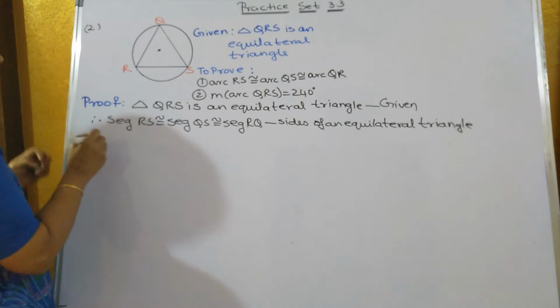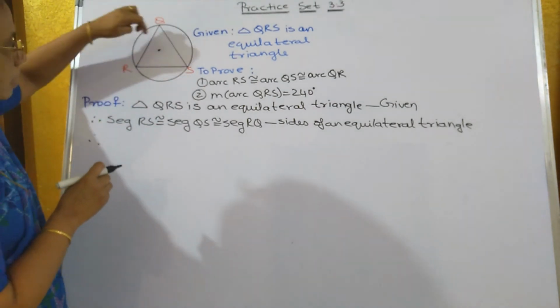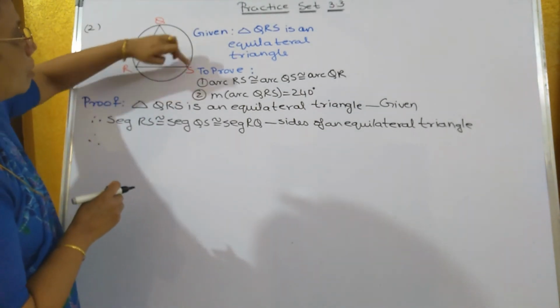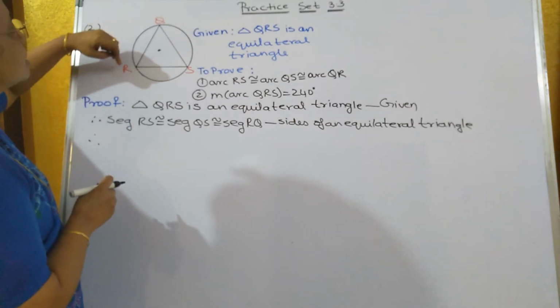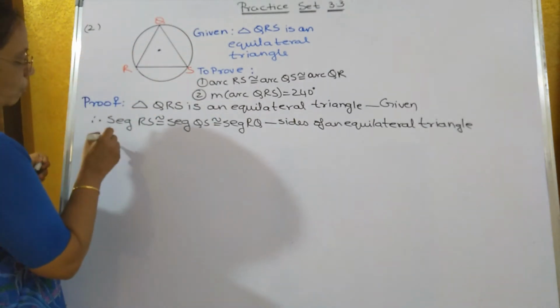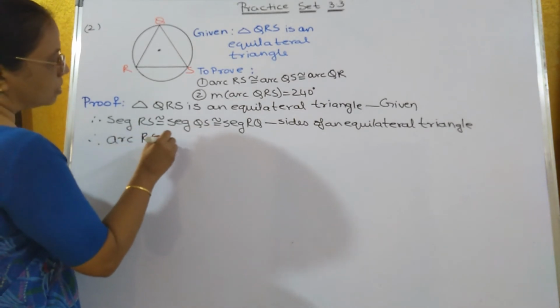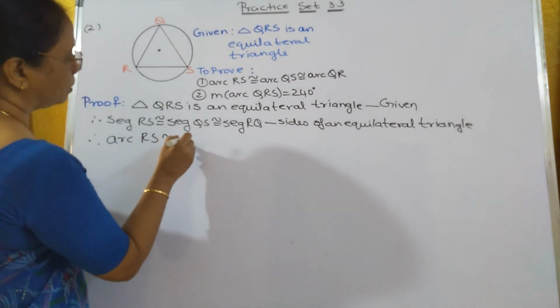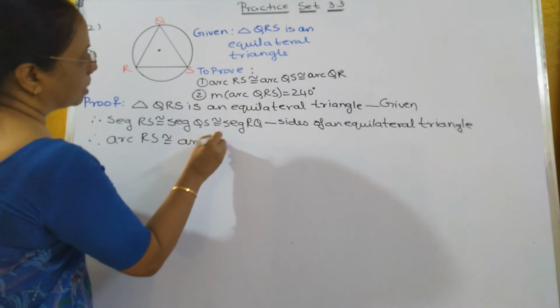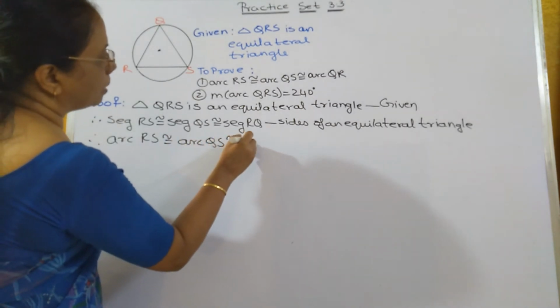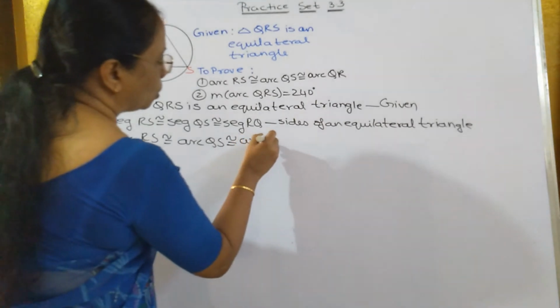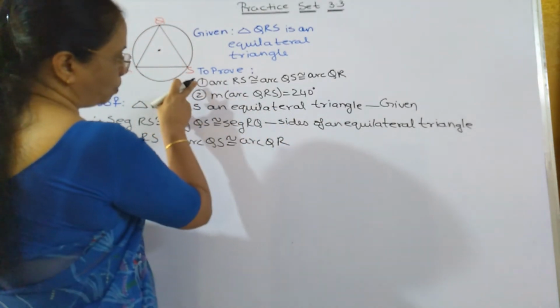Therefore, just now I had told you, if the chords are equal, then the corresponding arc also has to be equal. That is arc RS. Therefore, arc RS is congruent to arc QS is congruent to arc QR. So that is what we had to prove the first one.